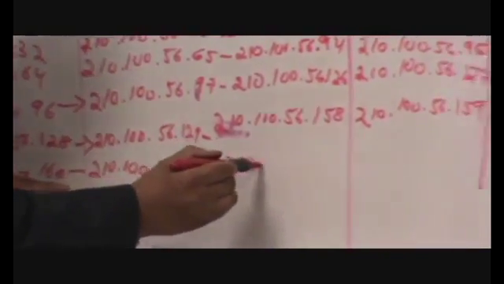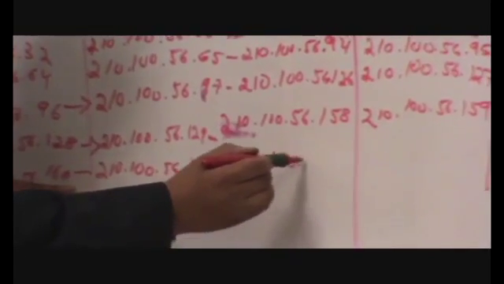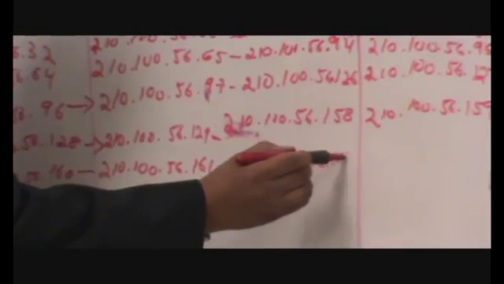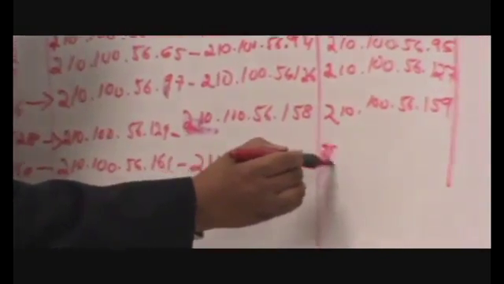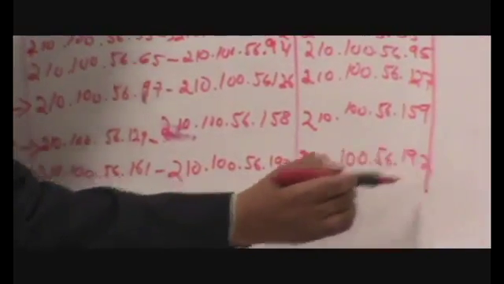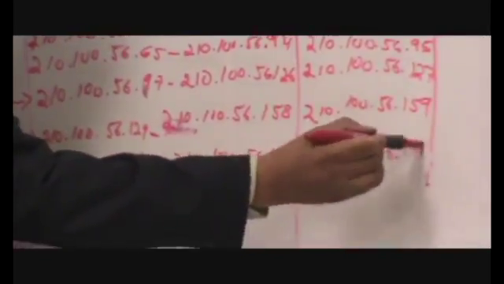And for my network number 6, 210.100.56.160 is going to be my network address. My first usable address is going to be 210.100.56.161, and my last usable address is going to be 210.100.56.190. 191, I'm sorry, is going to be my broadcast address.